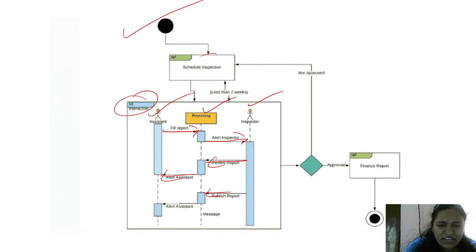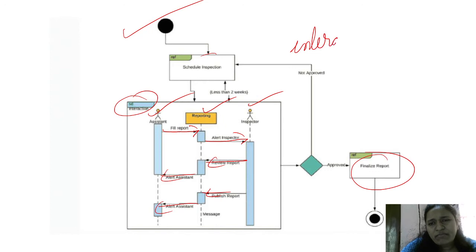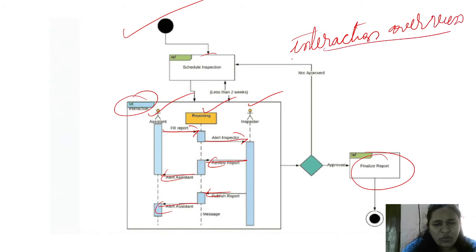These are the activities and these are the interactions between the actors. These are the actions, right? This is called an interaction overview diagram. I hope you understand this.